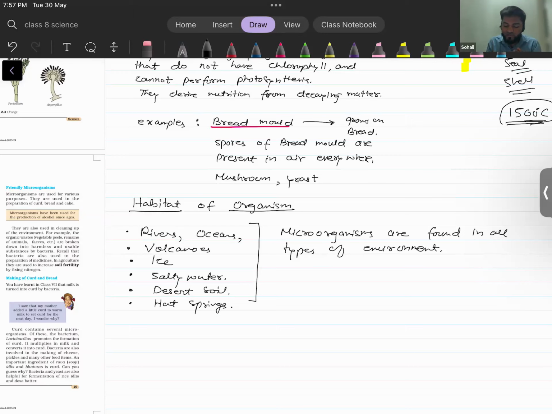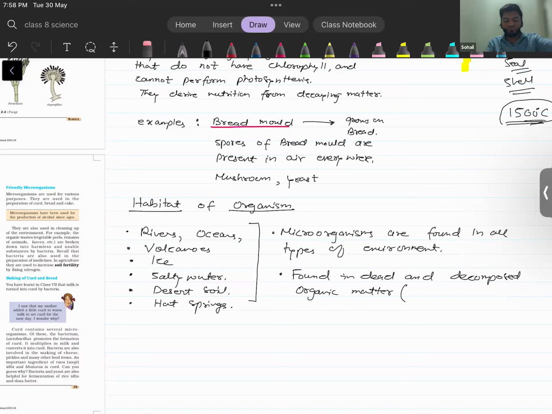Apart from this, they are found to be living on dead and decaying organisms also. So they are found in the bodies of dead and decomposed organic matter. Now, when I say organic matter, what does the term mean?